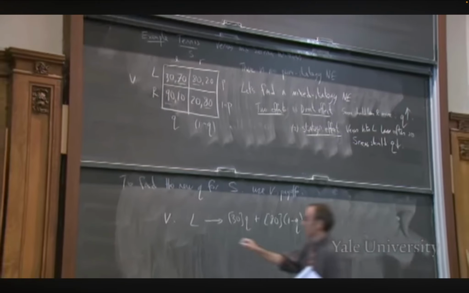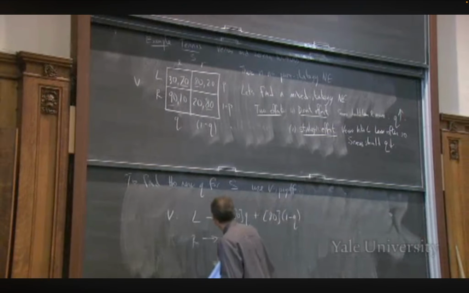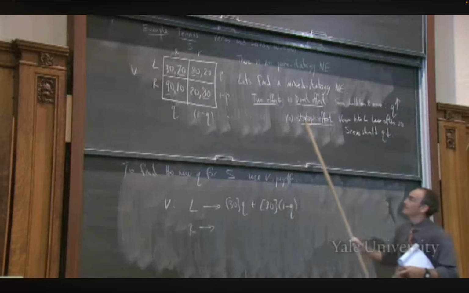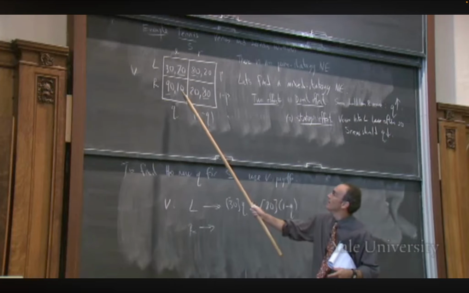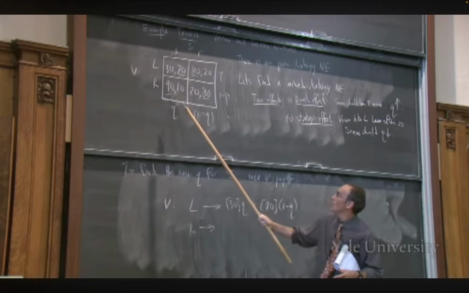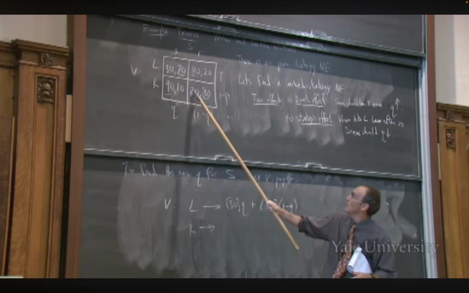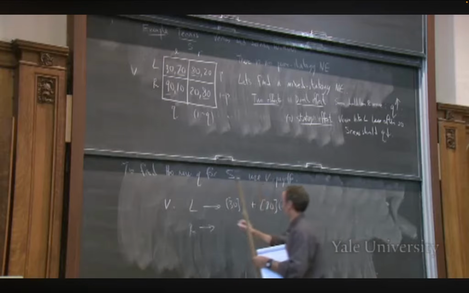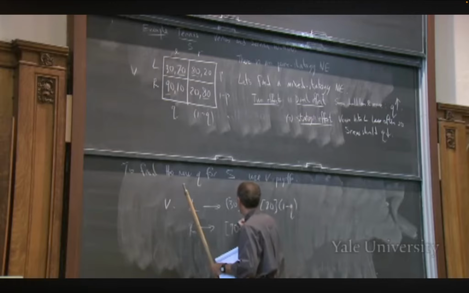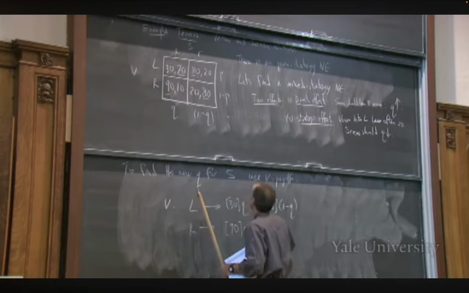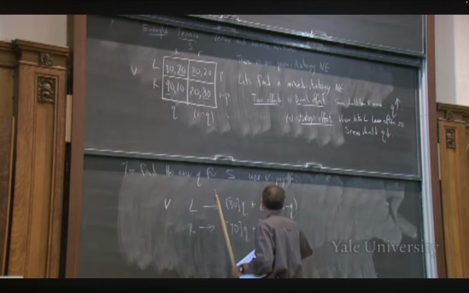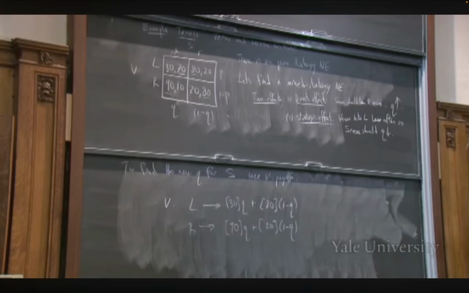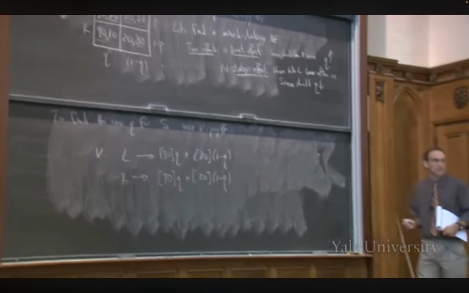And if she chooses right, then her payoff is what? It's going to be 90 with probability Q and 20 with probability 1 minus Q. And what do we know about these two payoffs if Venus is mixing in equilibrium?